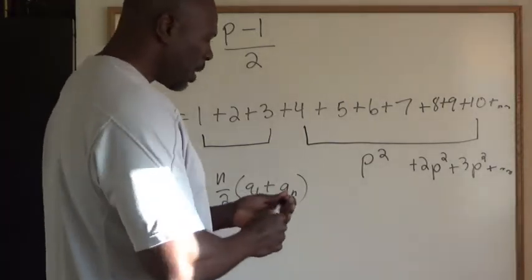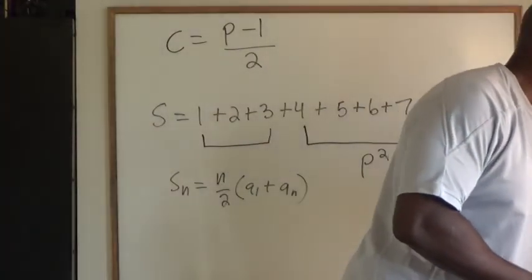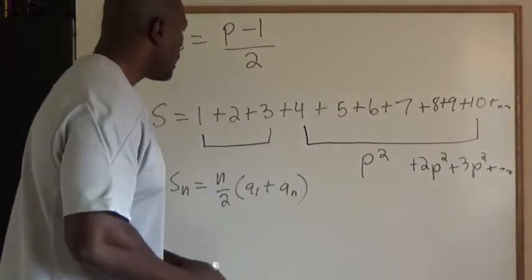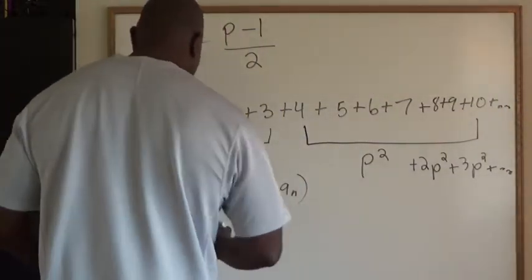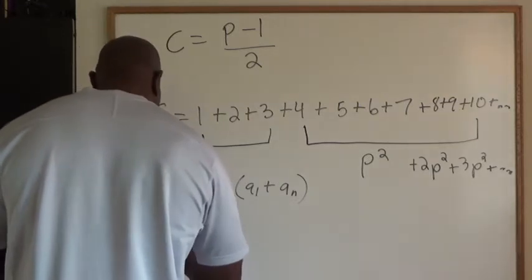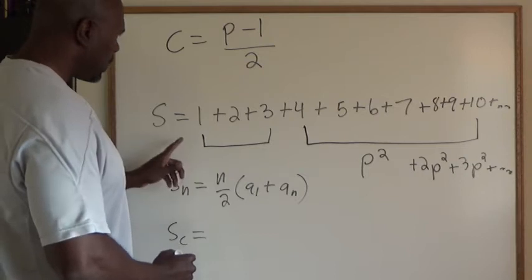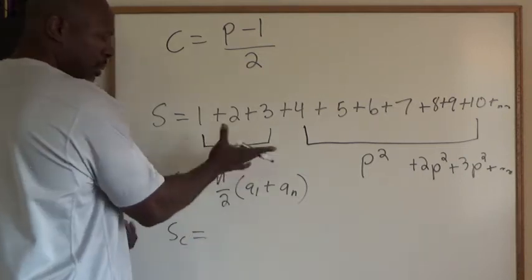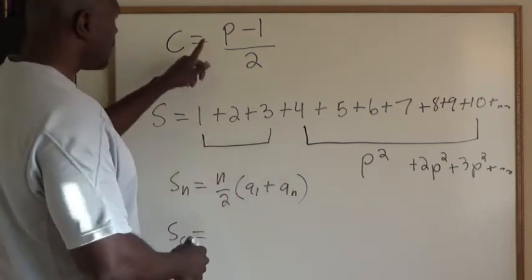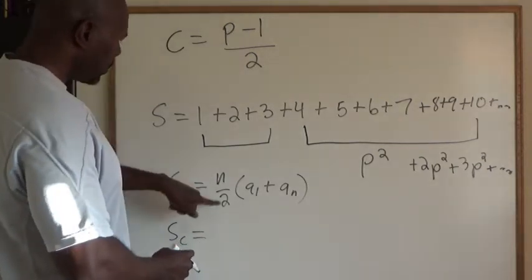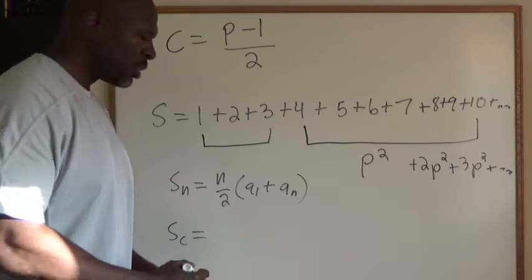So if we want to do a partial sum for the cutoff numbers, now how many numbers are we going to have? We're going to have c numbers, because that's the number of cutoff numbers, obviously. c is (p minus 1)/2, so it's (p minus 1)/2 over 2, that's (p minus 1)/4.